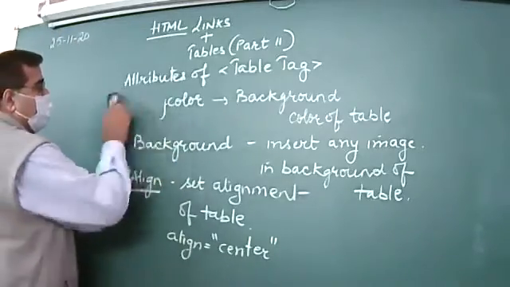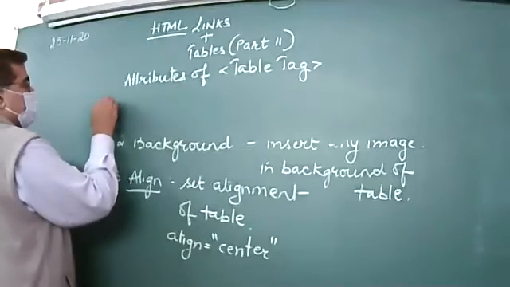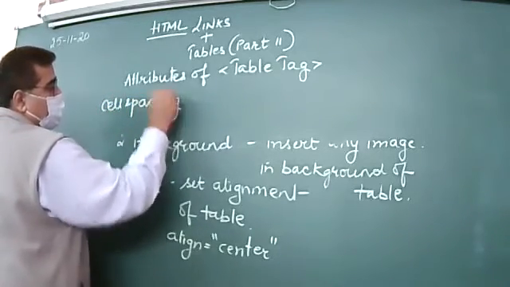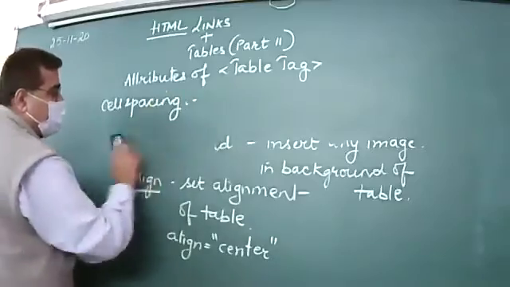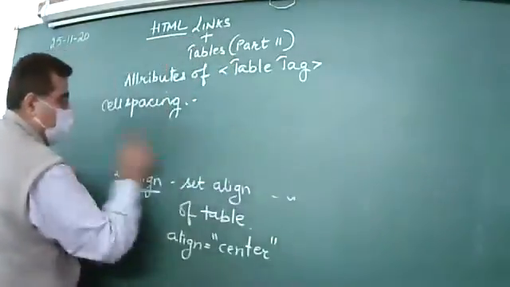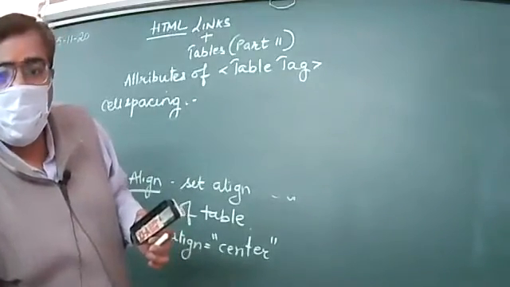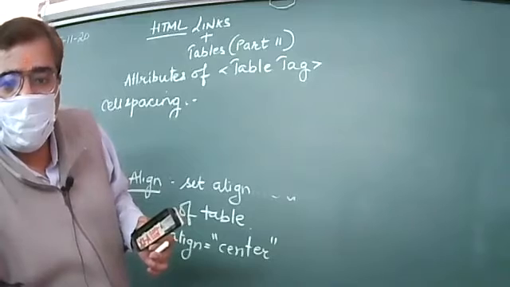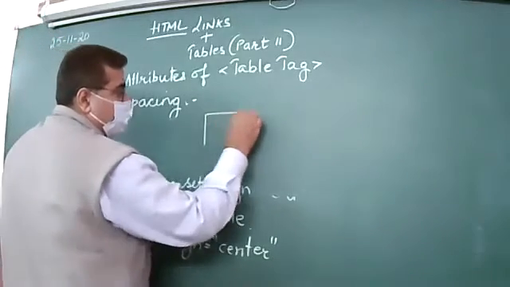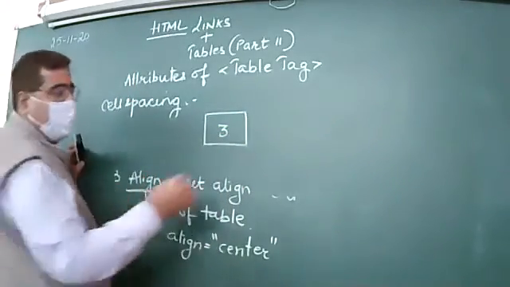Next attribute I would like to discuss is cell spacing. Cell spacing attribute. Now, in order to explain cell spacing, I am going to draw a small diagram in front of you, a small figure. This is one cell having entry 3.